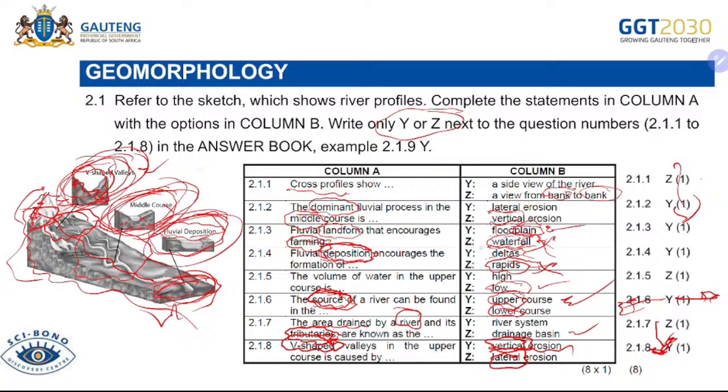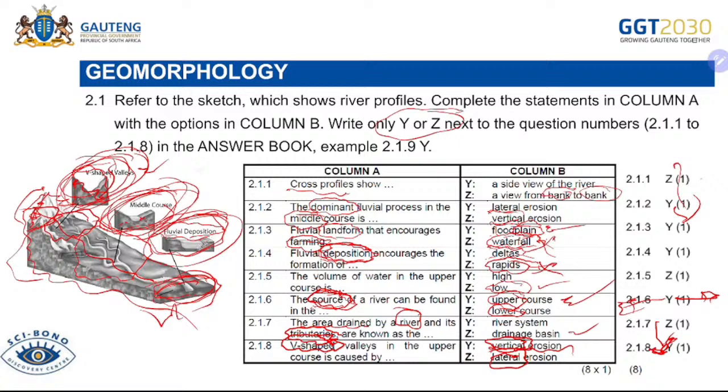So we're saying due to deposition there, we've got the formation of deltas. Rapids cannot be formed due to deposition. Rather, they are formed due to erosion. Okay, the volume of water in the upper course, the correct answer for that one, it is low.